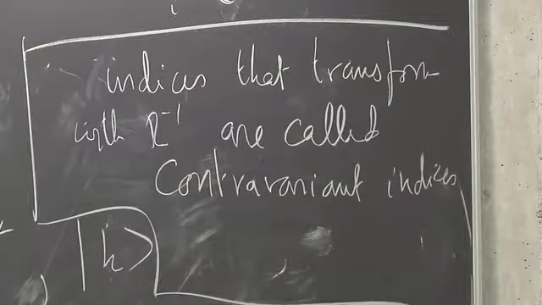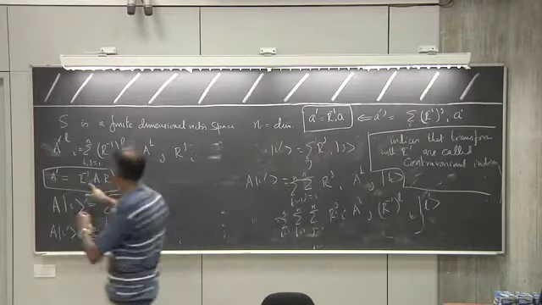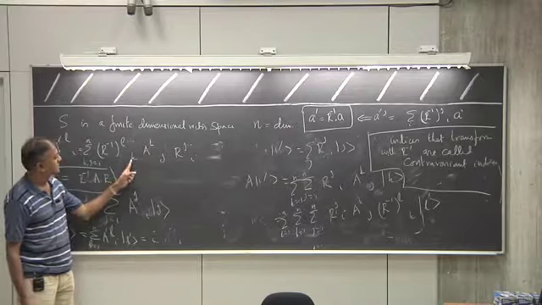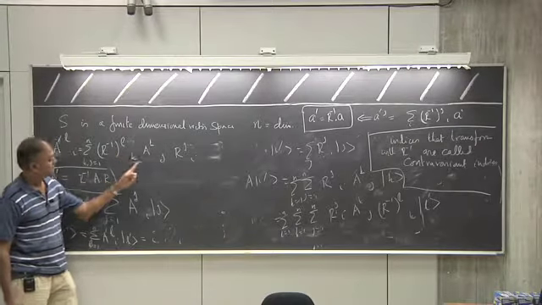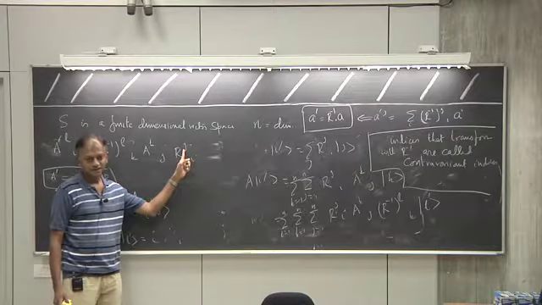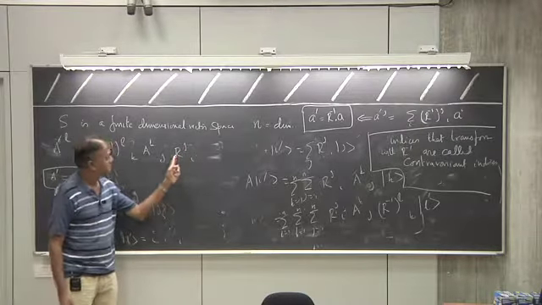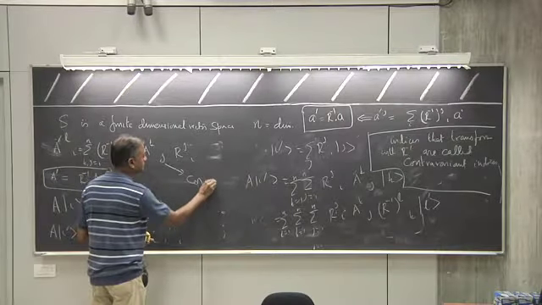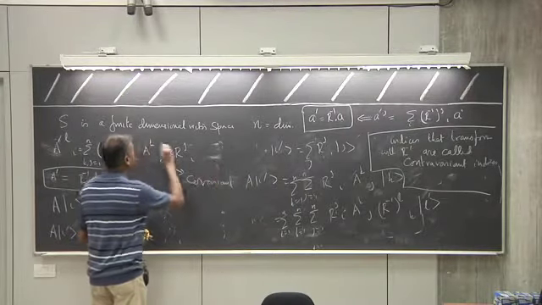In fact, you see that here the index which is up is transforming with R inverse, and the index which is down is transforming with R, not R inverse. So those indices will be the covariant indices, and this will be contravariant.